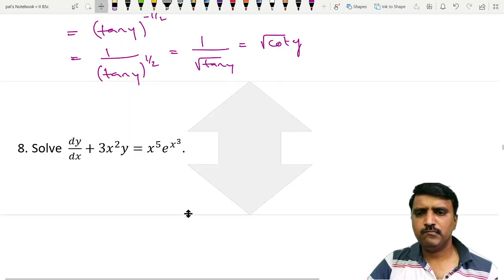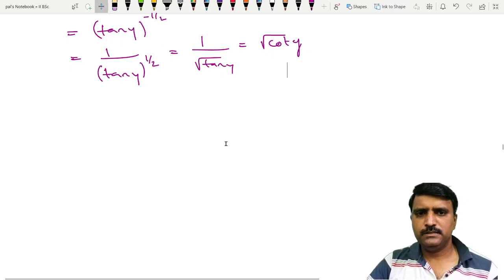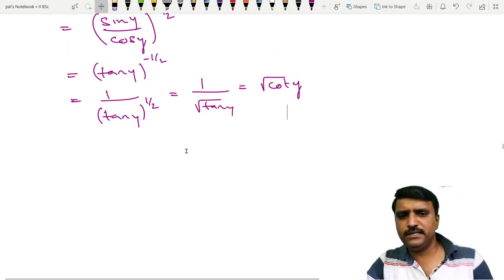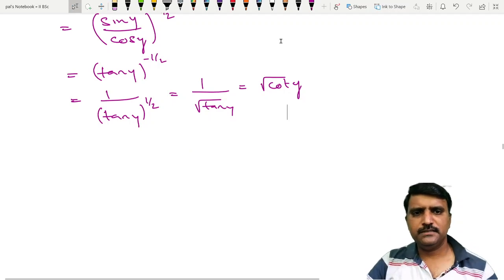So now, after finding the integrating factor, you write the solution.